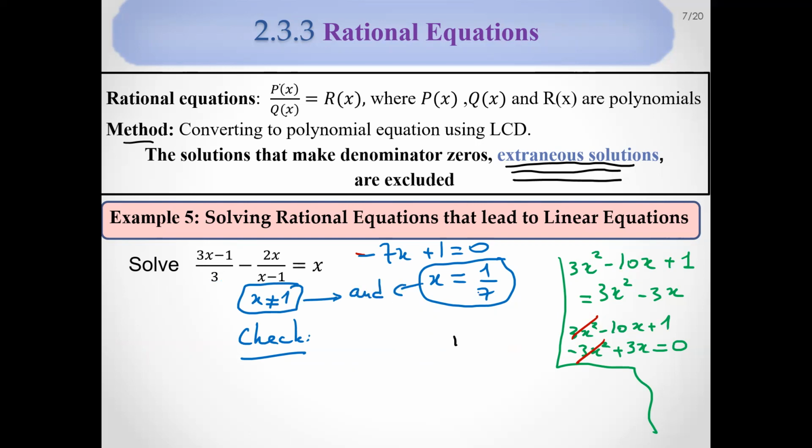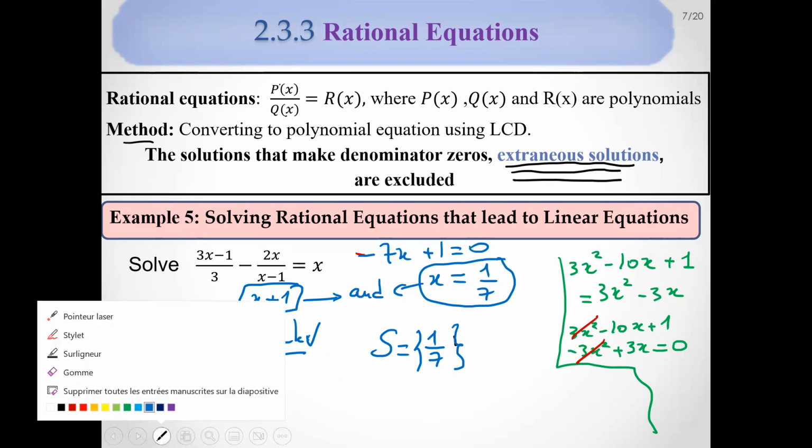Here we are lucky. The obtained value is not 1, so it's okay. So the solution set is 1 over 7. Okay, so we accept this solution, and this is our solution set.